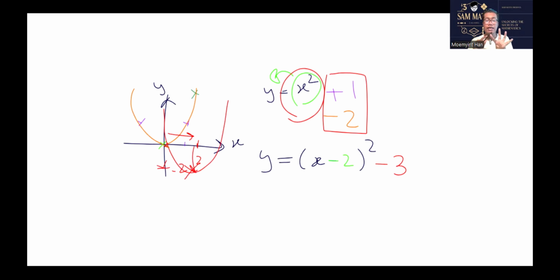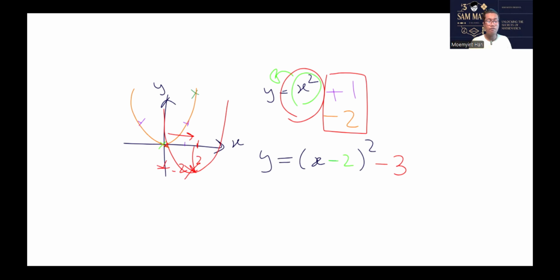And second, look at the coefficient of x squared, to see a. If the coefficient of x squared is negative, the graph will go downward. If the coefficient of x squared is positive, the graph will go upward. So we have to see how the graph turns out.